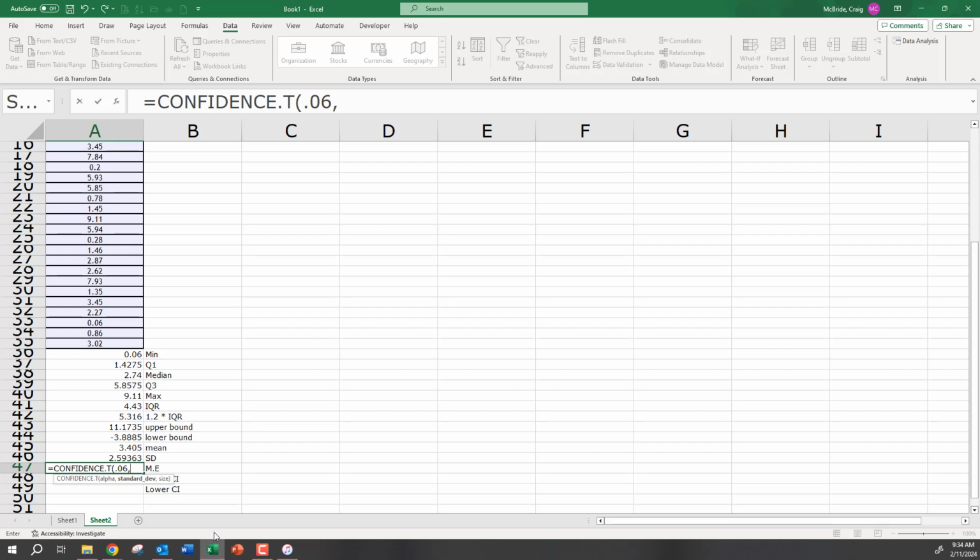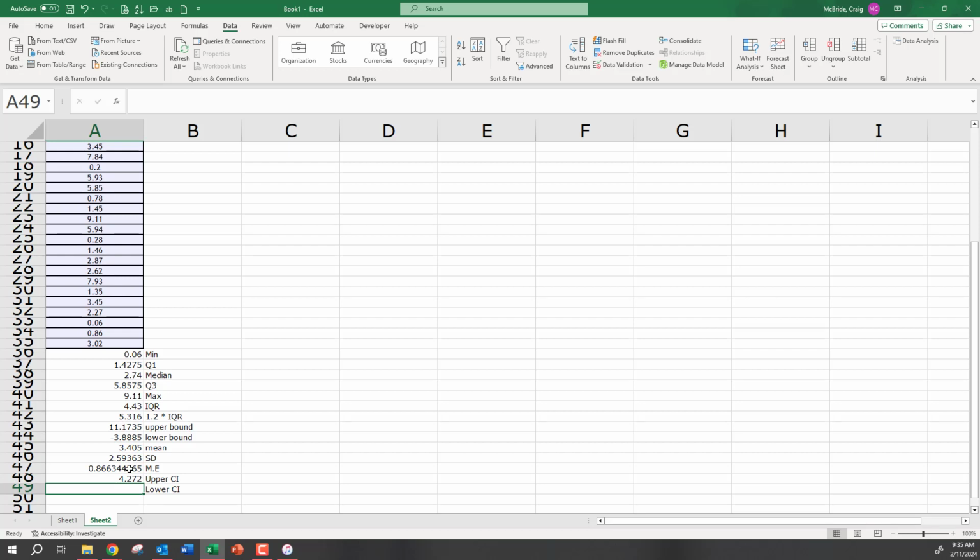Then it wants the standard deviation, so we click on the square where the standard deviation is. Then it wants the size, which is the sample size, which we know is 34. And then there's our margin of error. The upper bound of our confidence interval is simply our point estimate, our mean, plus our margin of error.